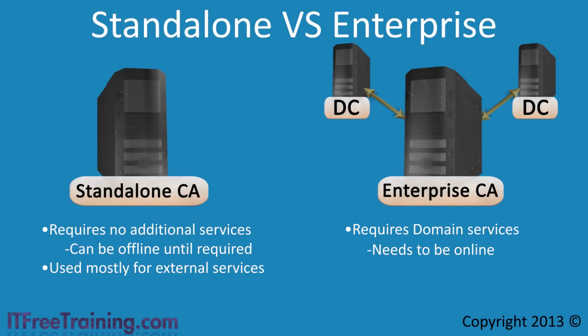If an attacker were to gain access to the CA, they would not be able to gain access to the domain since the standalone CA does not need to be a member of the domain. Since an enterprise CA needs to be a member of the domain, it is a better choice for internal networks. Being on an internal network means that it is not directly accessible on the Internet and can also be placed behind a firewall.